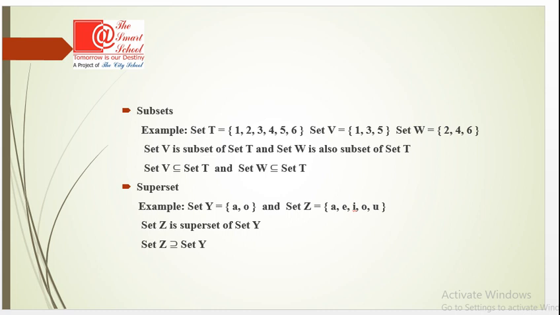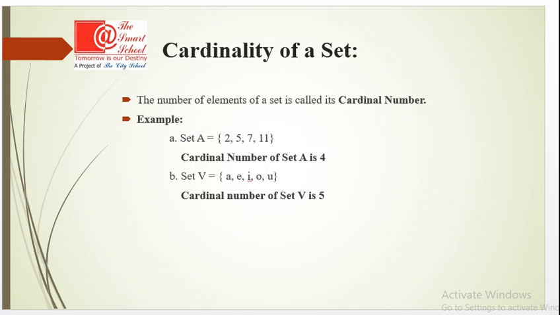Now we will come to the last point of today's lesson, which is the cardinality of a set. The number of elements of a set is called its cardinal number. Means we will just count the elements, and whatever the number of elements, that is called its cardinality. For example, set A has members or elements 2, 5, 7 and 11.